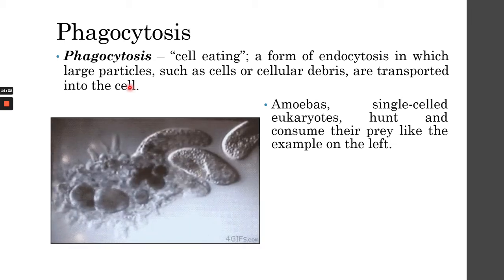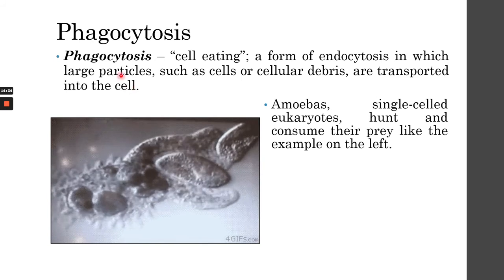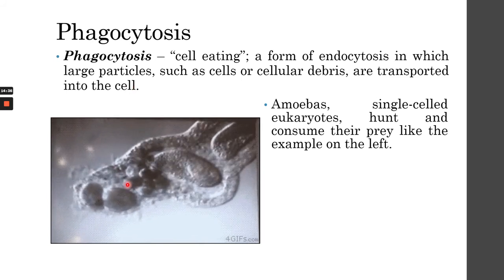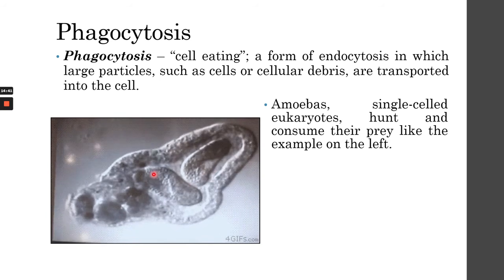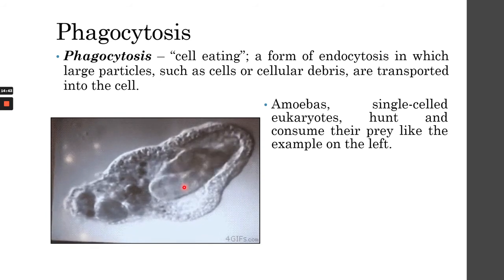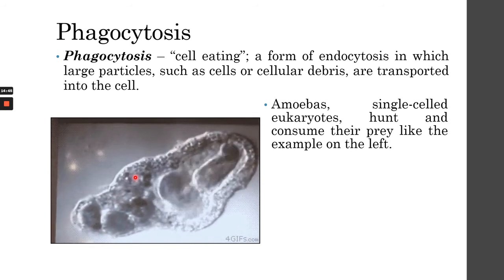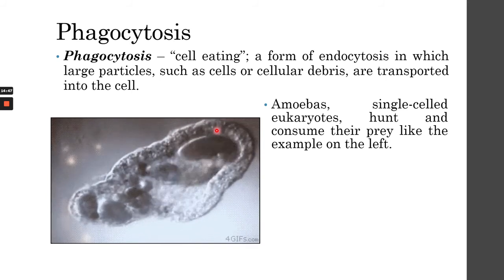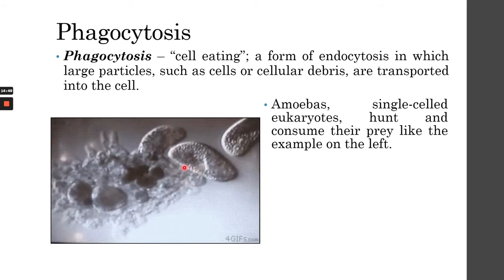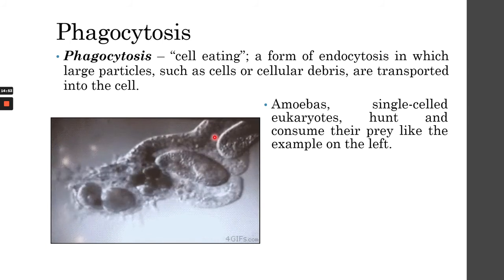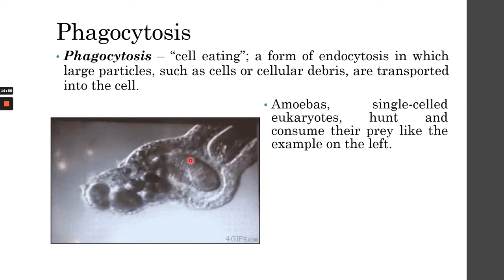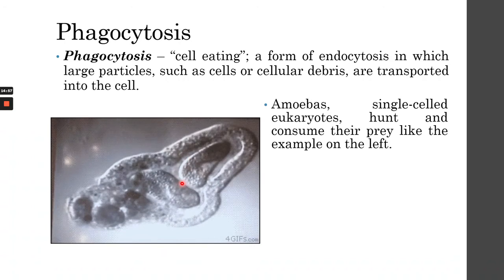So we have a video right here. This is the amoeba right here. And these are paramecia. These are a type of unicellular organism. And as you can see, the amoeba extended its membrane and engulfed the paramecia. So it extends the membrane, basically creating this invagination.